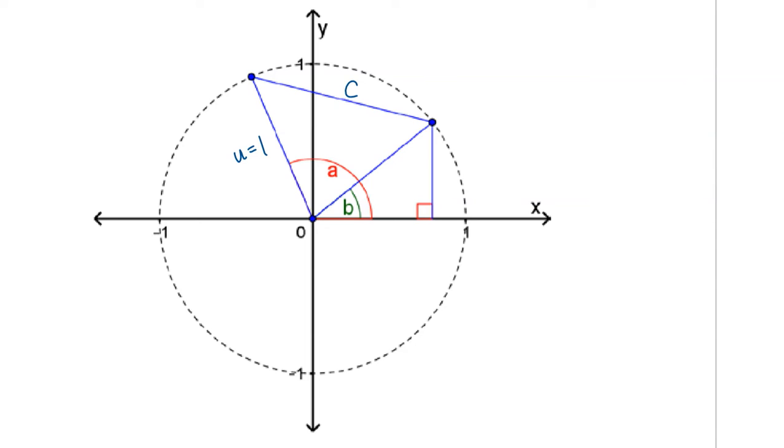It's equal to 1, because that's a radius of the circle. Do you see that? From here to here is a radius. So U equals 1. And same thing, here to here is a radius. So we'll call that one V. And it's also equal to 1. What is this angle?